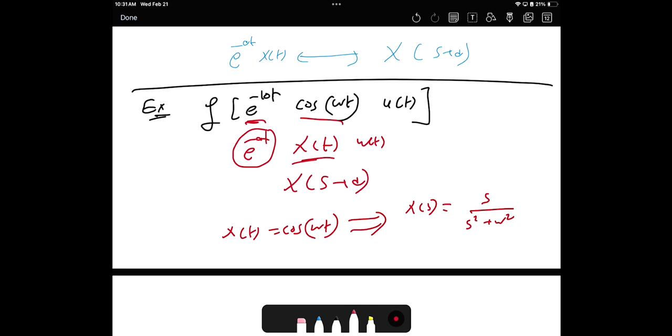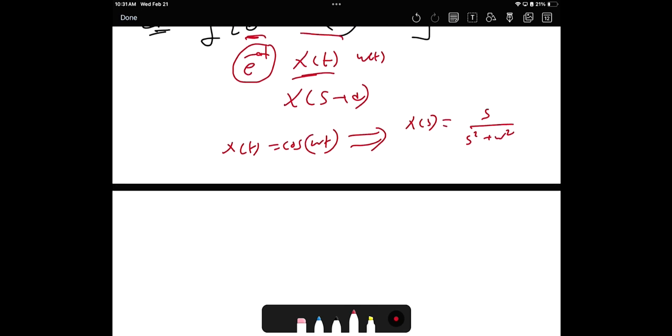Is this correct? Now let's do X of s plus a. X of s plus a will be s plus a over s plus a all squared plus omega squared. Okay, does this make sense?